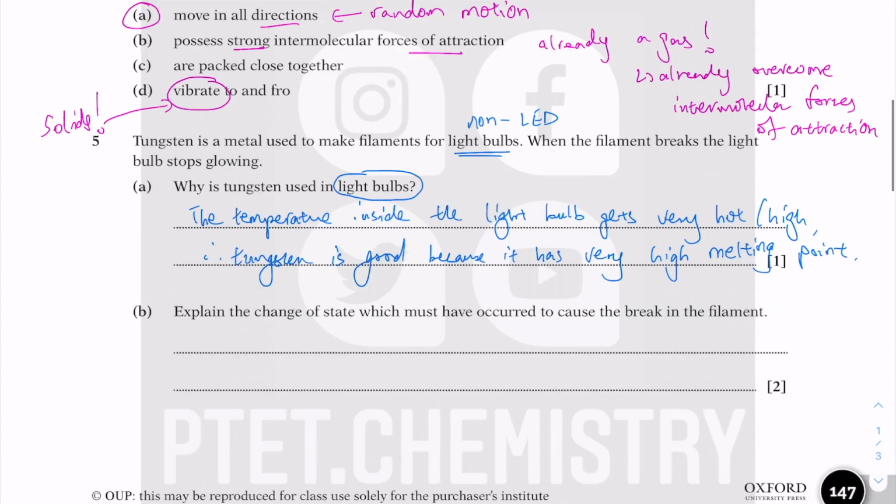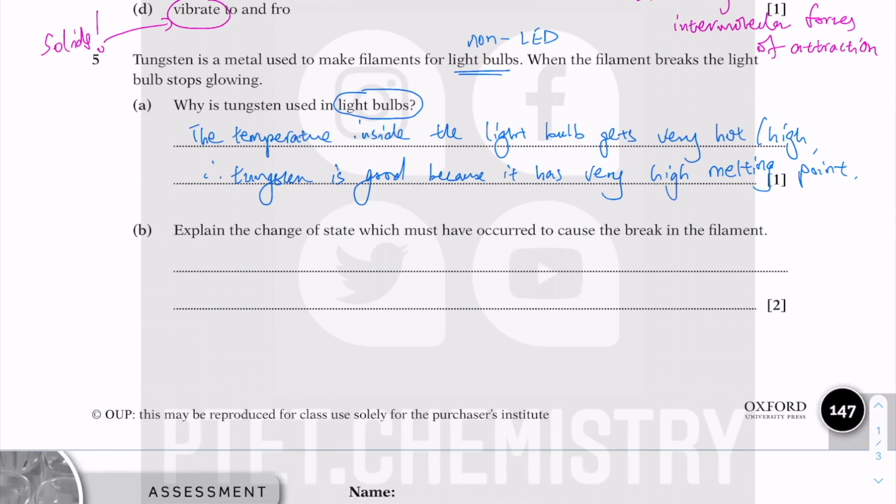So the fact that I said just now, the tungsten must have melted. Melted meaning to say the tungsten is no longer a solid, solid turned into liquid.